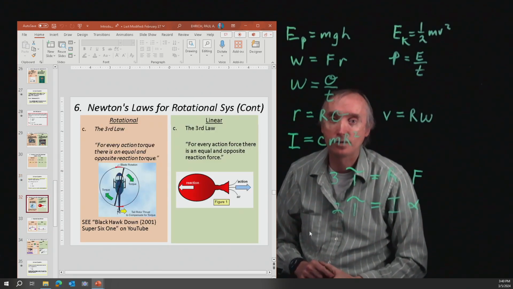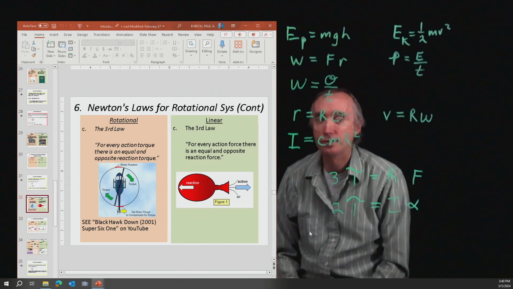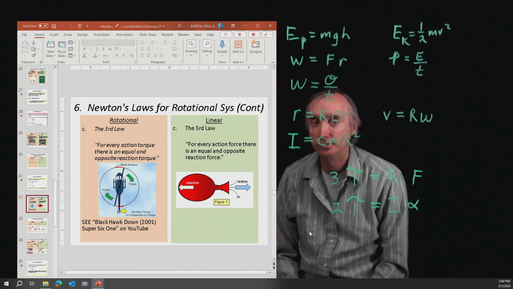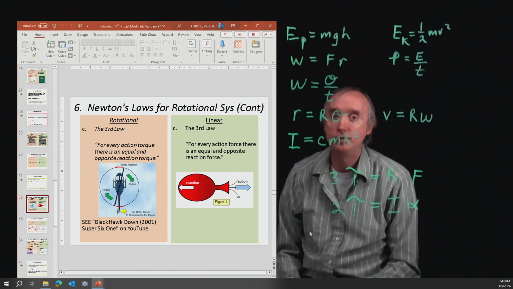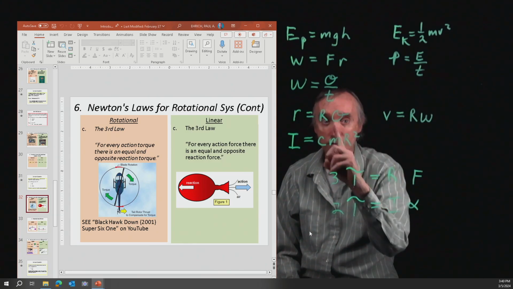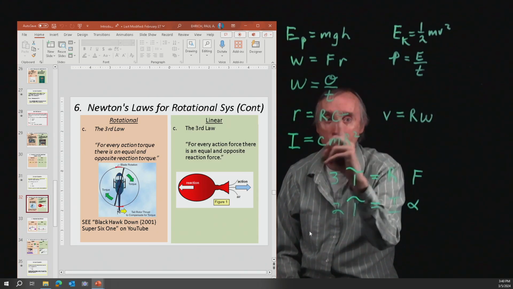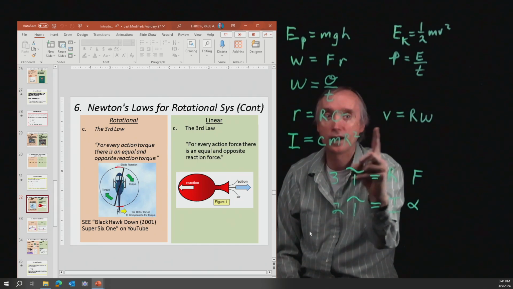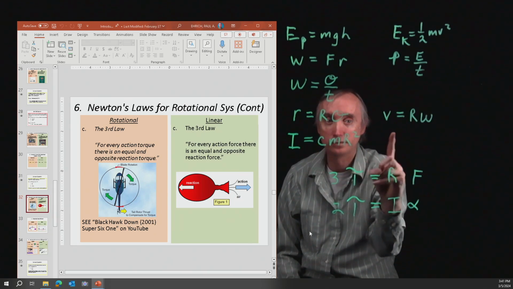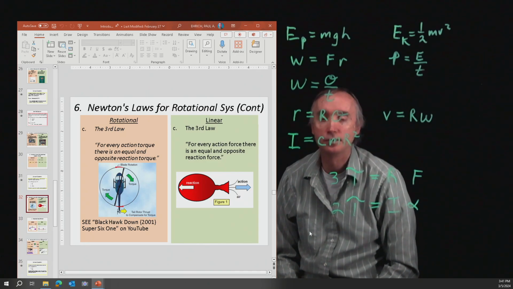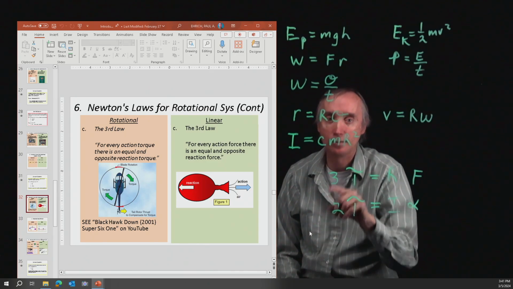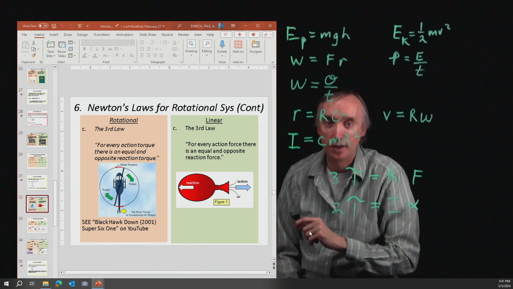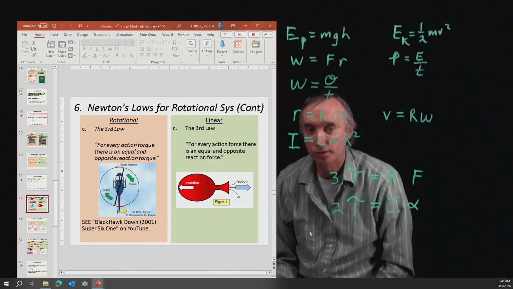And then you've got the third law. For every action, there's an equal and opposite reaction. So for every torque that's going this way, it's going to cause a counter torque in the opposite direction. We did an example with the helicopter, and this would make for a good essay question.